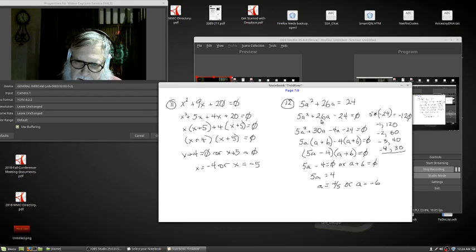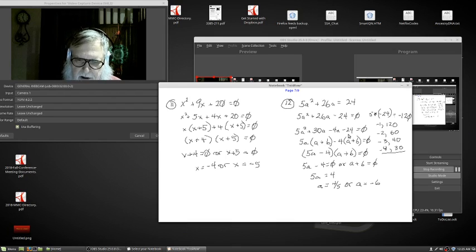So we're going to replace this 26a with 30a minus 4a. And I put them in that order so I can get the two negative terms together, the two positive terms together. So if we look at the first pair, we factor out the 5a, and we get 5a times a plus 6.